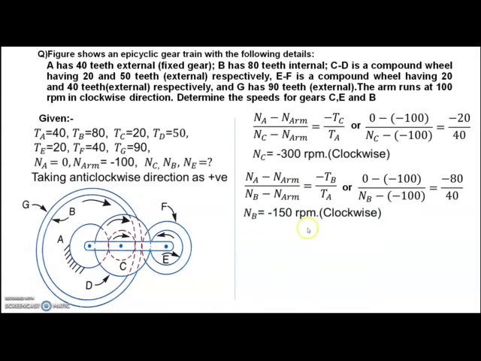So simply putting the value, we got the NB speed of 150 rpm. Minus sign indicates rotation clockwise. So it is a very simple method, in one line we can get the answer.